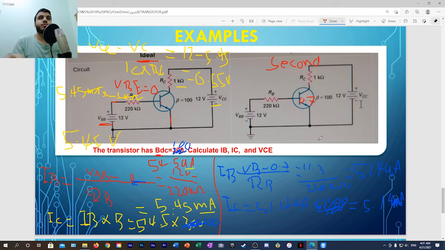So VCE, same equation, VCC minus VC: 12 minus IC multiplied by RC, which equals 5.14. The answer will be 6.84 volt.